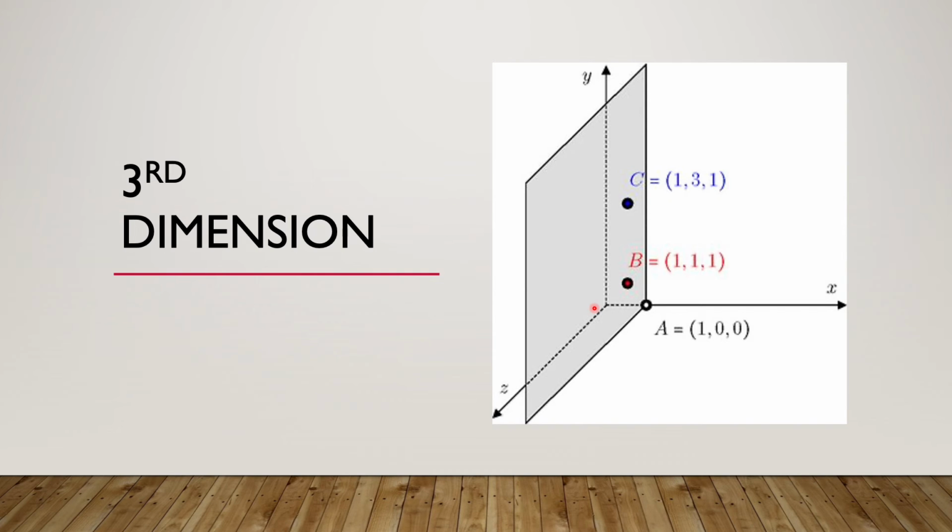Going from there, we can talk about the number of comparisons. I have to compare 1 to 3, 1 to 1, 3 to 1, 1 to 3, 1 to 1, and so forth. What I get from here is 6 comparisons when doing a third dimension.